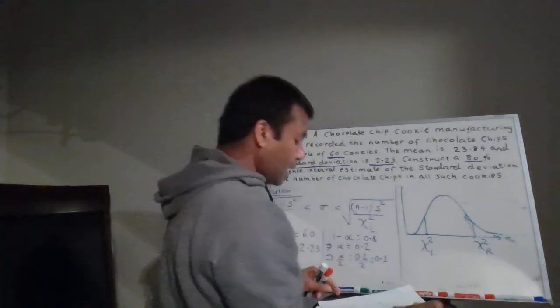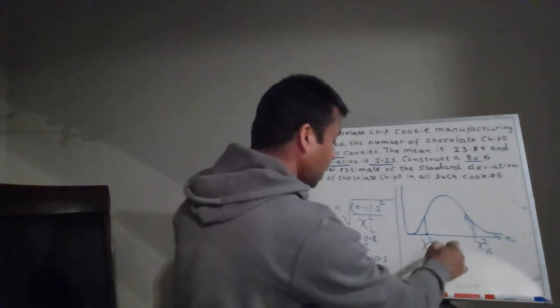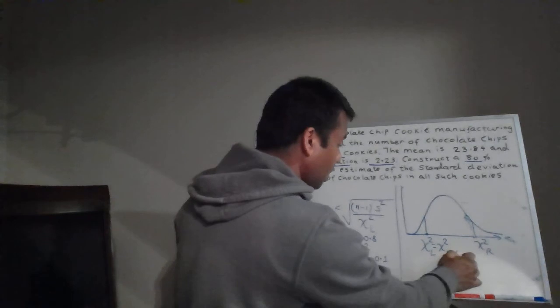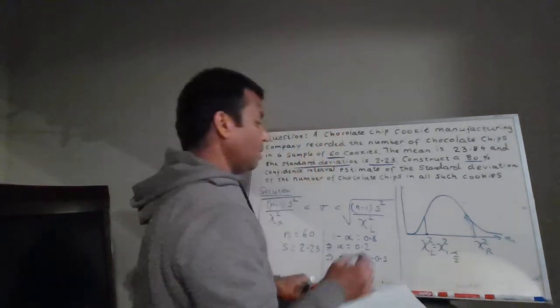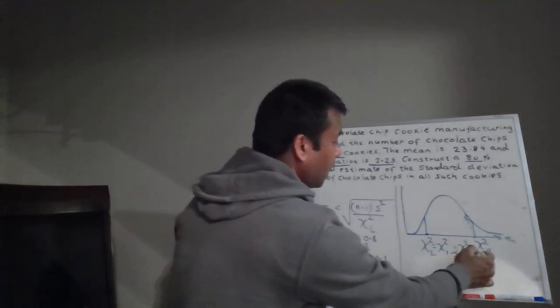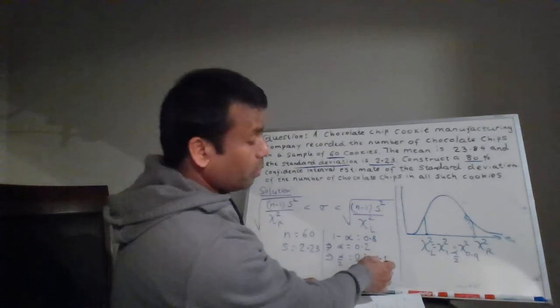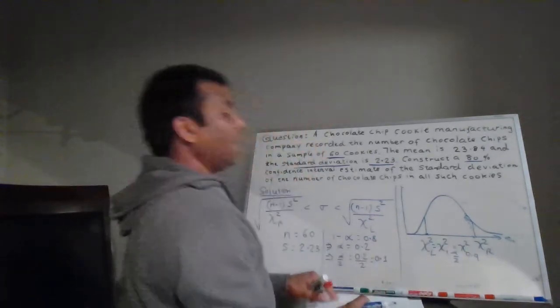So this chi-square L is chi-square 1 minus alpha over 2, which is chi-square 0.9, because 1 minus 0.1 is 0.9.